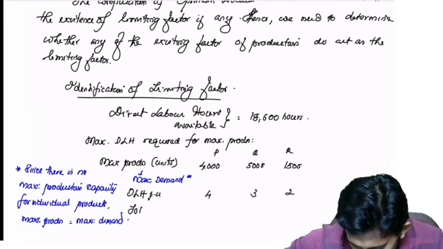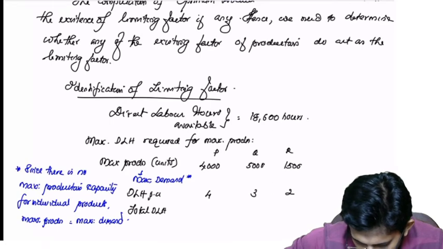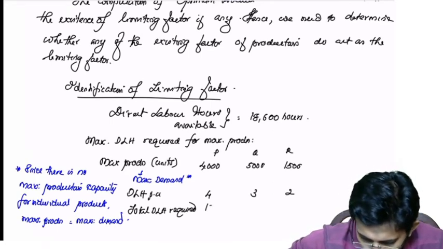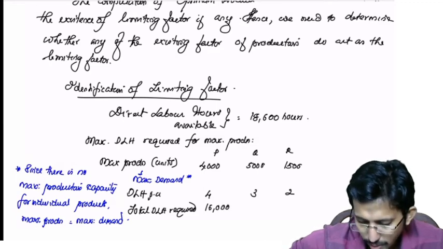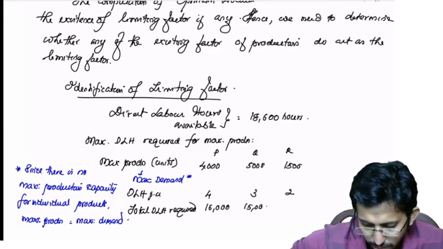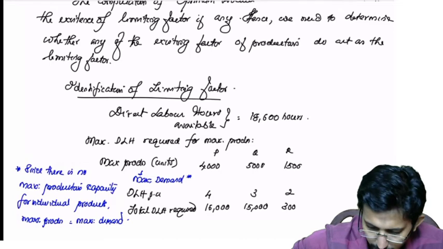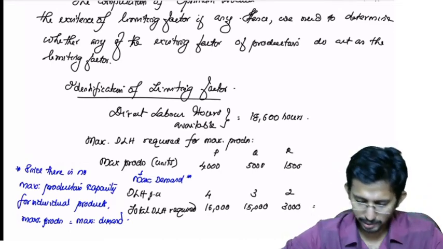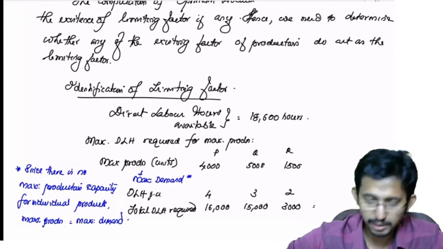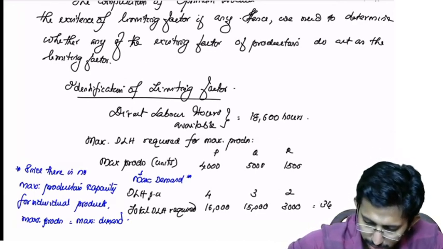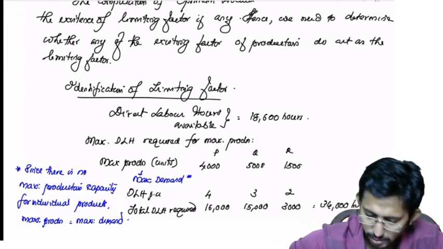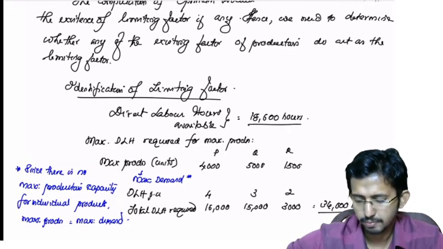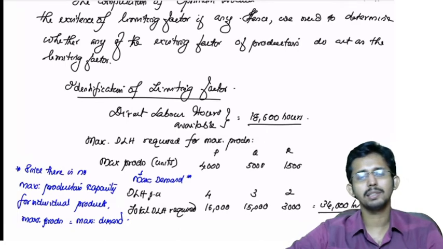So total DLH required will be 16,000, 15,000, 3,000. So this is 15 plus 15 is 30, 31 plus 3, 34,000 hours. Okay, what is the direct labor hours available? It's only 18,600. Okay, whereas maximum required is 34,000.